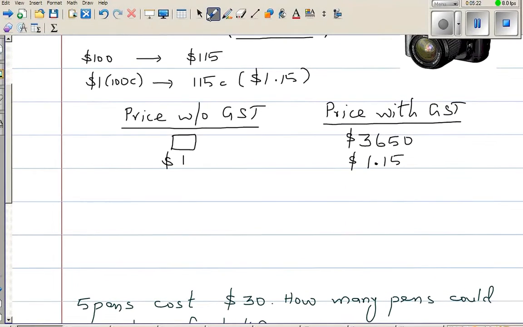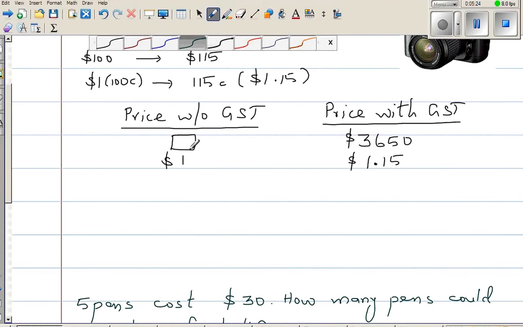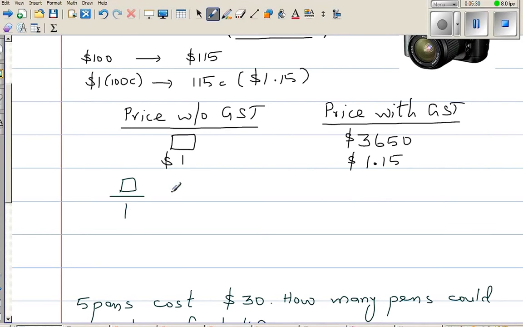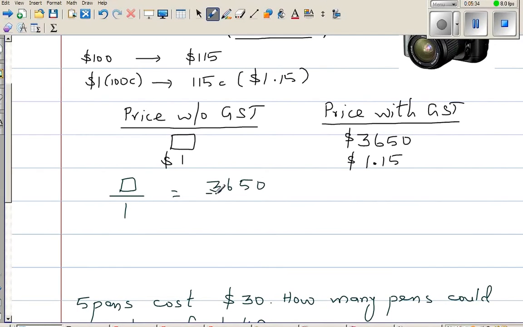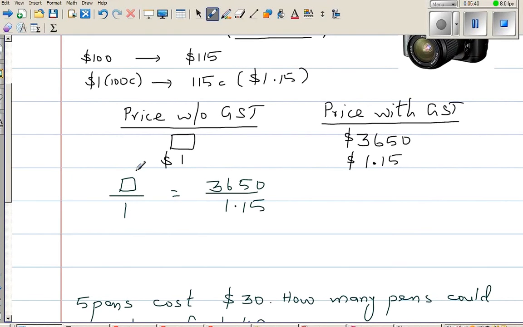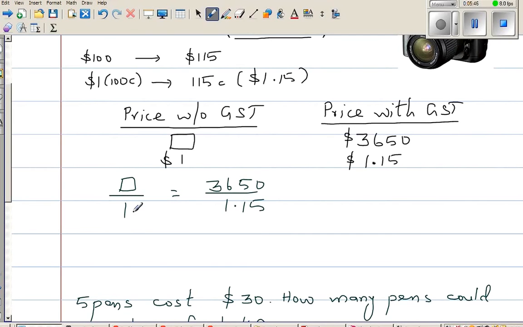So using that same logic, the ratio of this would be equal to the ratio of this. So can I say dash over 1 is equal to 3650 divided by 1.15. Anything divided by 1 is that same thing. Suppose 5 divided by 1 is 5, 50 divided by 1 is 50, 70 divided by 1 is 70.